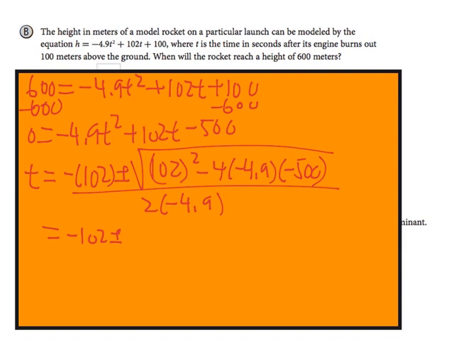So this gives us 24.57 over negative 9.8.